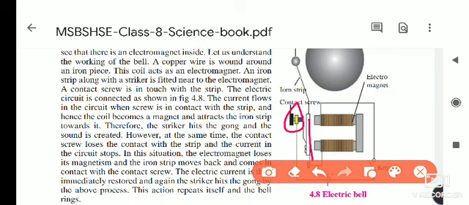The contact breaks, so the electromagnet behaves like a normal iron piece now, the circuit breaks, and the current in the circuit stops. The electromagnet loses magnetism, and the iron strip moves back and comes in contact with the contact screw again. So this answer you have to write for this question.